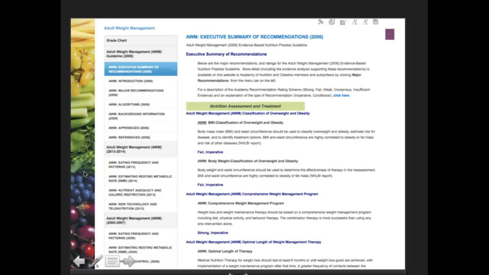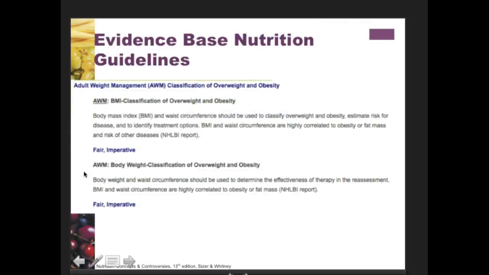So let me take you through this, I'm going to click through to something you might be able to read. For example, very controversial, and we'll talk a lot about this when we get into the weight balance chapter: body mass index, should we use it as a classification for overweight or obesity? The recommendation there is rated fair or imperative, as it's showing you right here. There are some problems with body mass index.